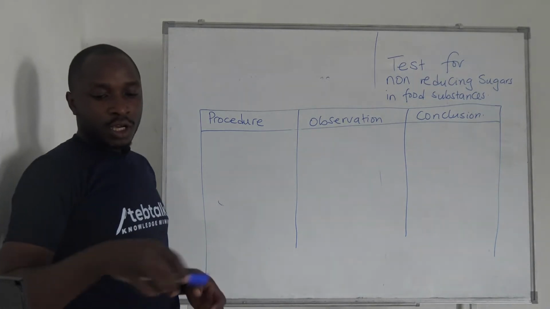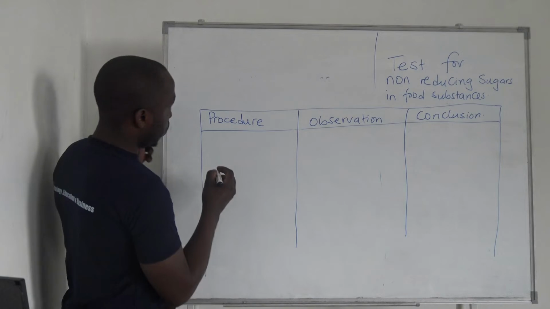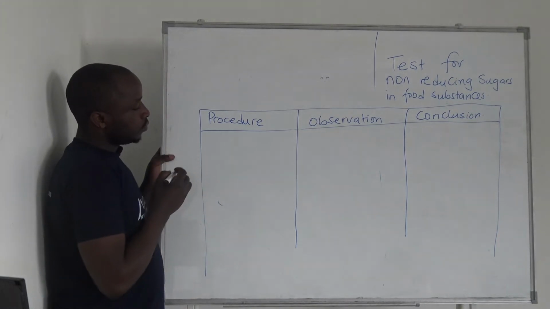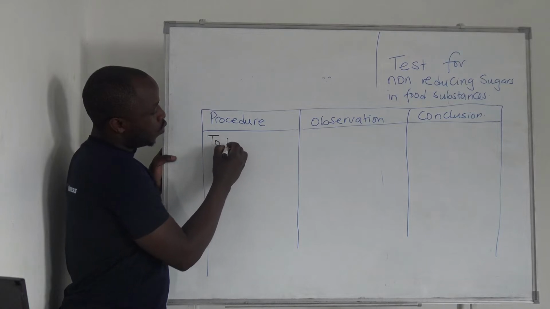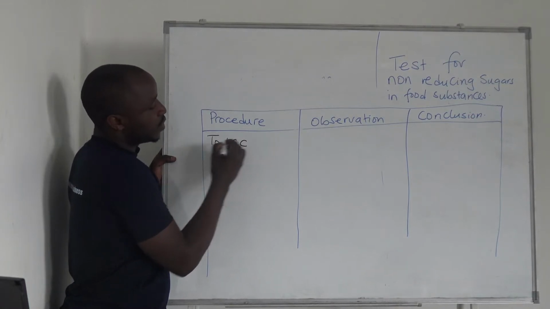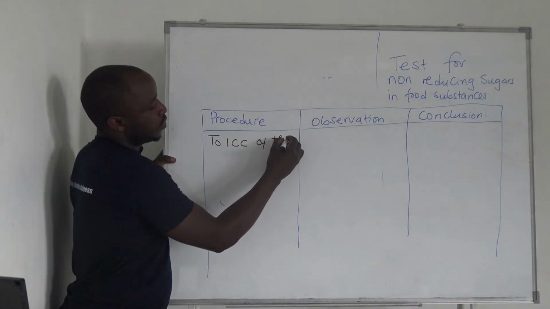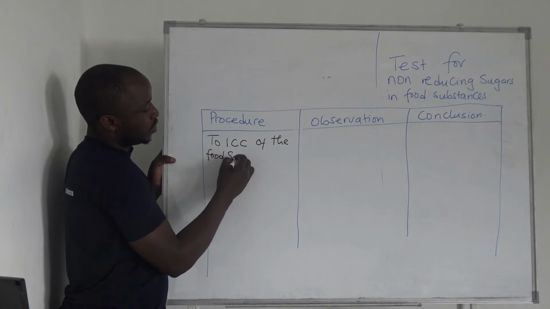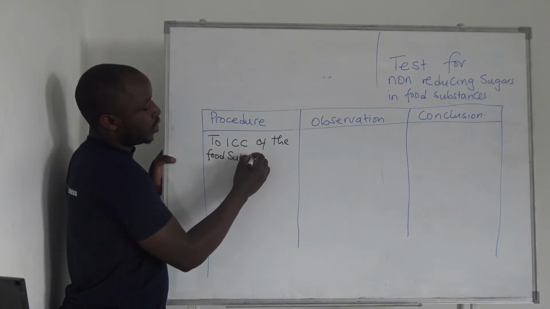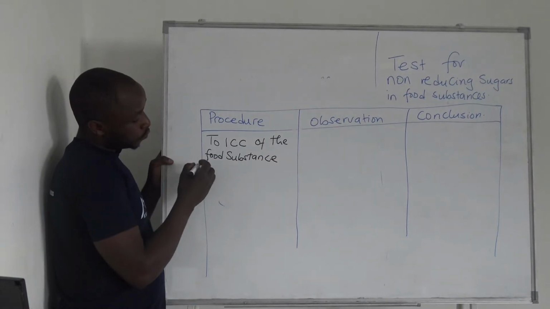In our procedure, meaning what we're going to follow, we get 1 cubic centimeter of the food substance, meaning we deal with solutions since they are soluble in water.